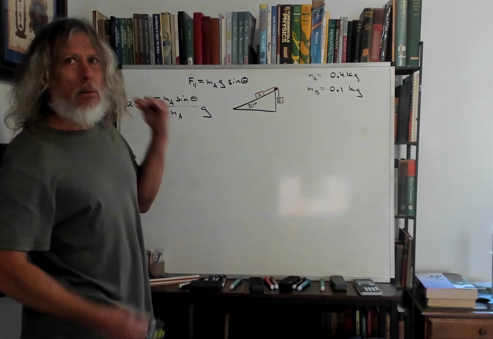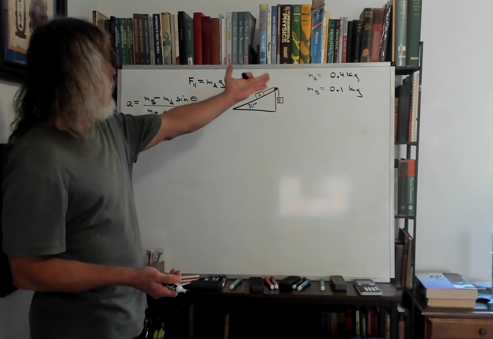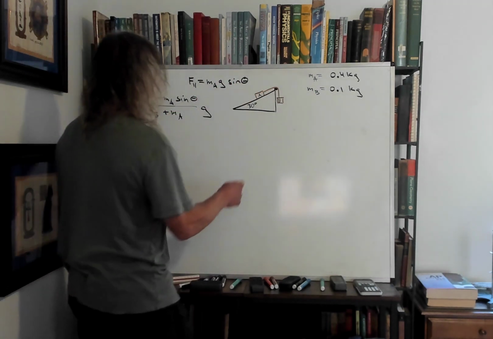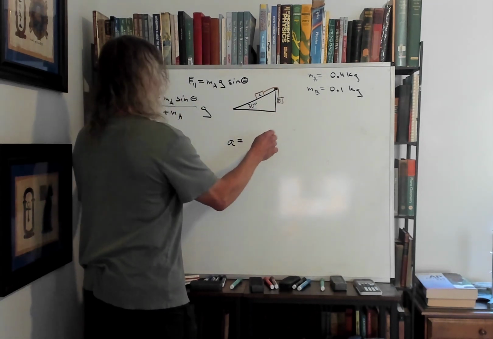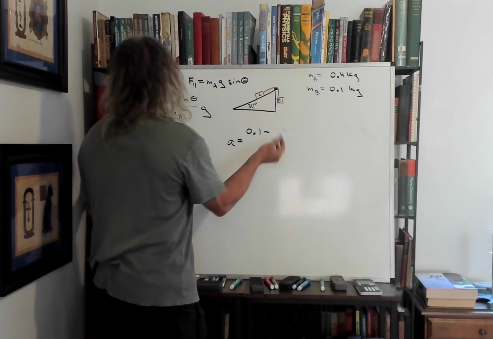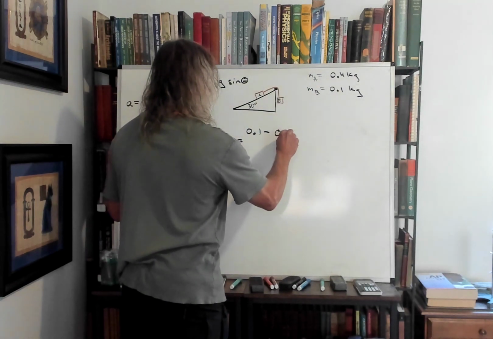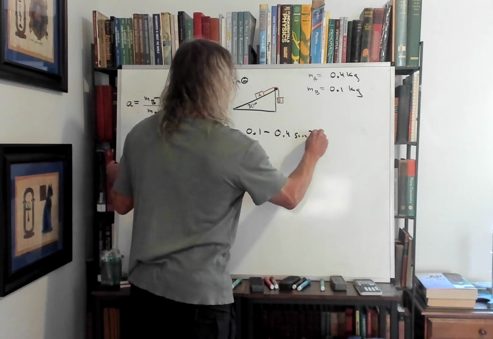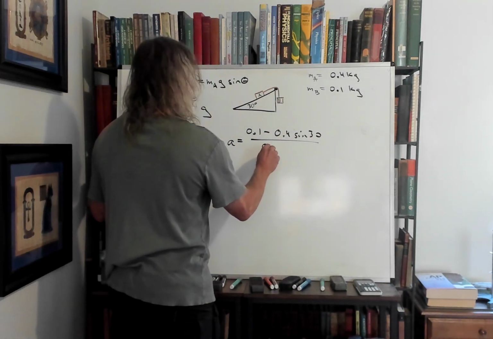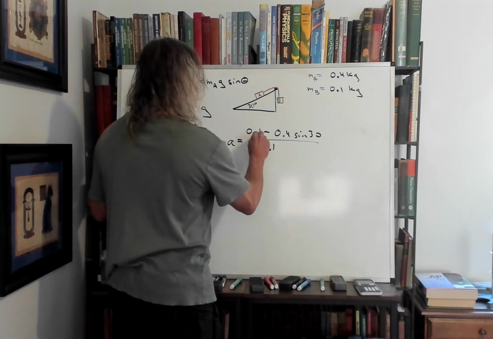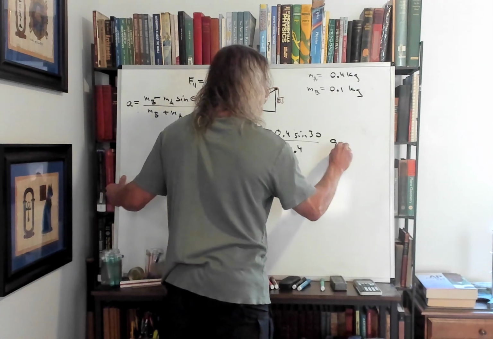So we'll see what acceleration occurs in this situation. 30-degree angle, those masses, then acceleration will be 0.1 minus 0.4 sine of 30 over 0.1 plus 0.4, times 9.8 meters per second squared.